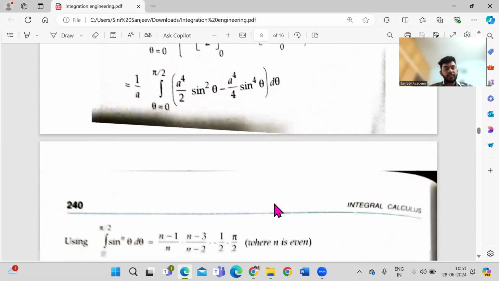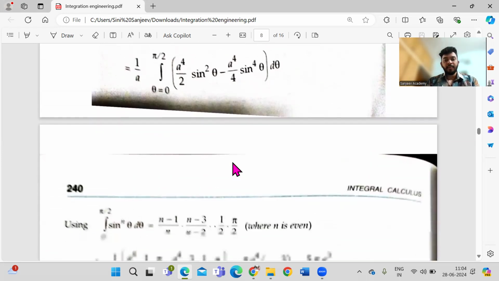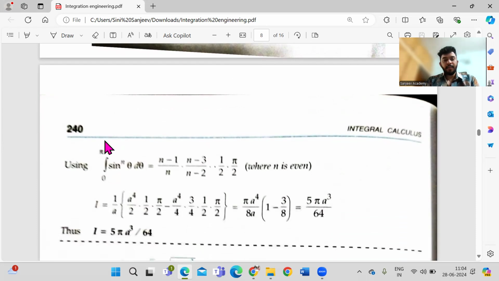Once you solve it, you'll be getting the below equation. And the integral from 0 to pi by 2 is a series actually. The integral from 0 to pi by 2 of sine power n theta is (n minus 1) by n, (n minus 3) by (n minus 2), and so on, 1 by 2 into pi by 2.